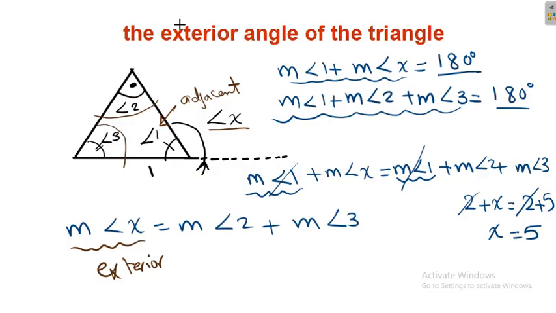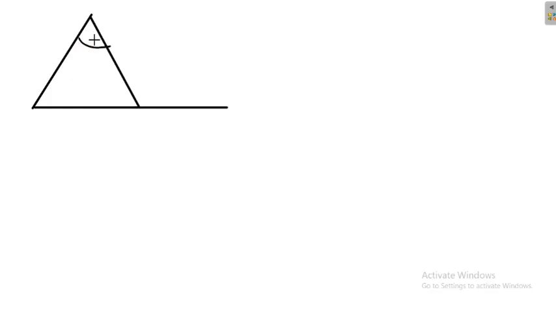Okay, let's take an example. If you have a triangle, and you have a straight line, this angle is 50, and this angle is 70.